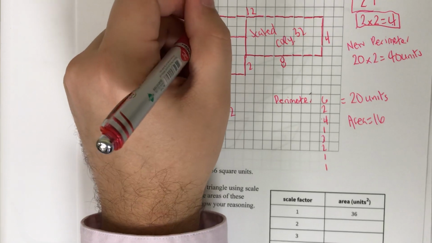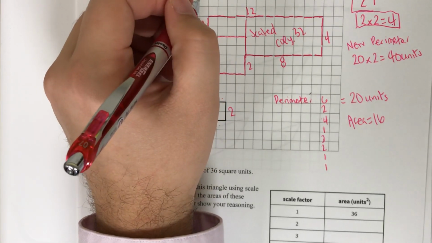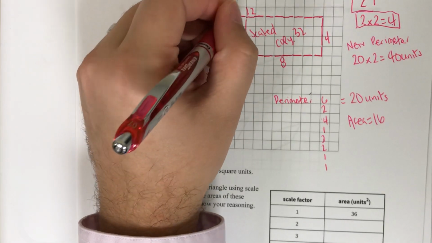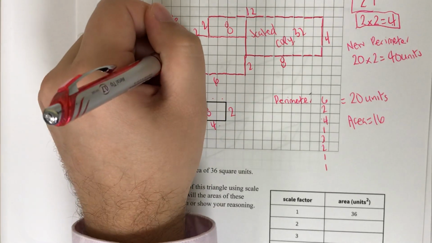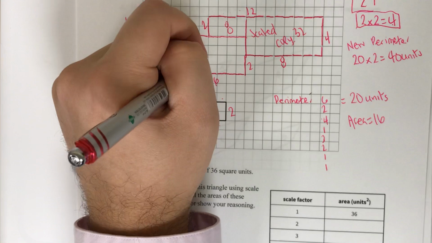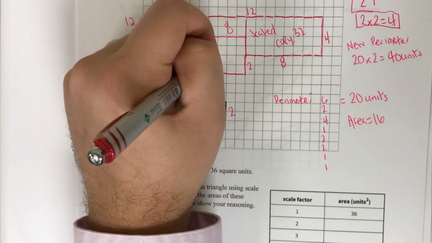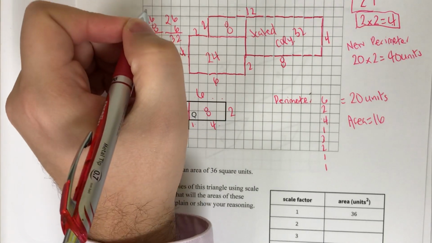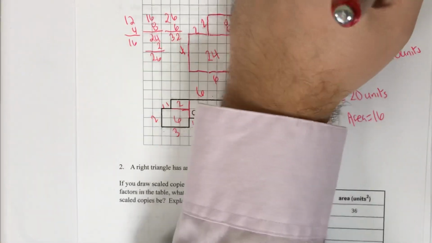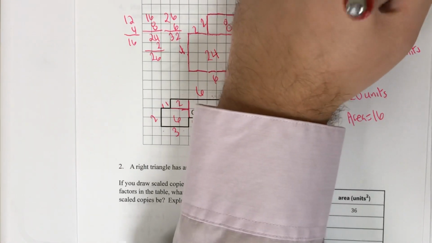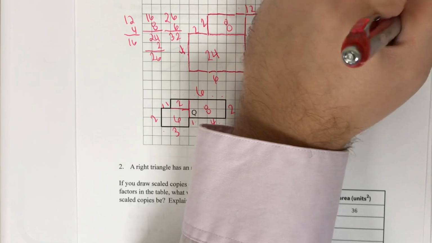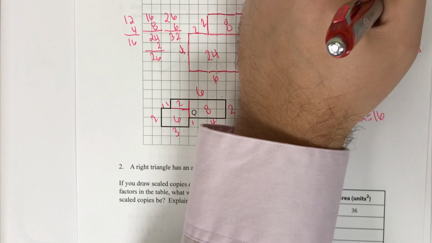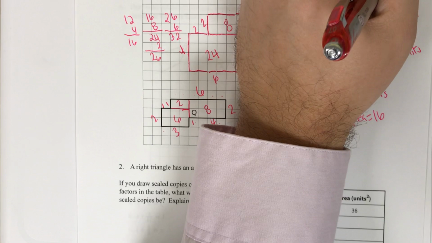This is a 2 by 4, so this is 8. This is 6 by 4, which is 24. So we're going to see 32, 24, and 8.